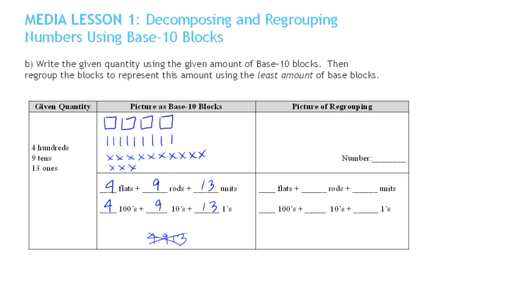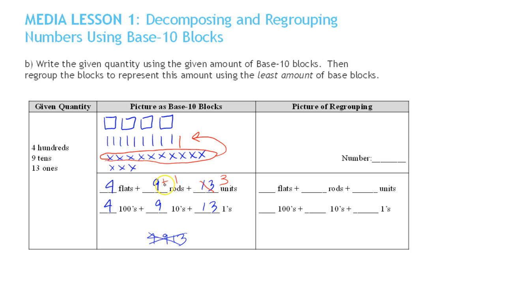So let's do this. So these 10 ones are equivalent to 1 rod. Now notice also, I'm just going to write this here, so we took 10 units away and we added a rod here.